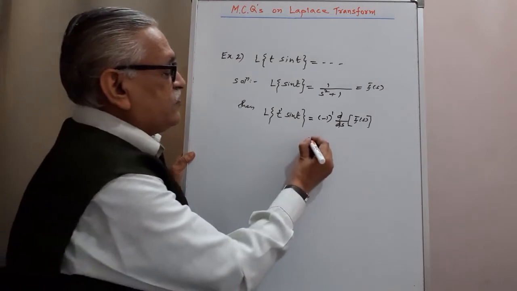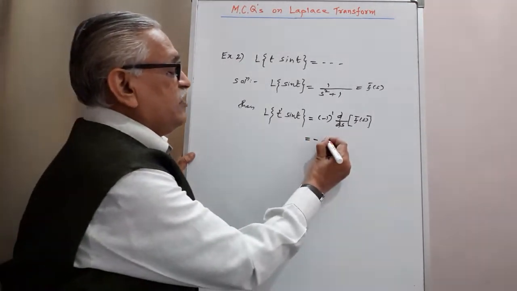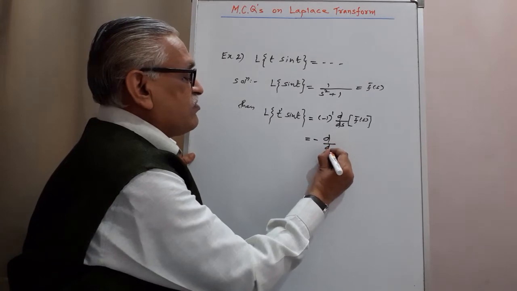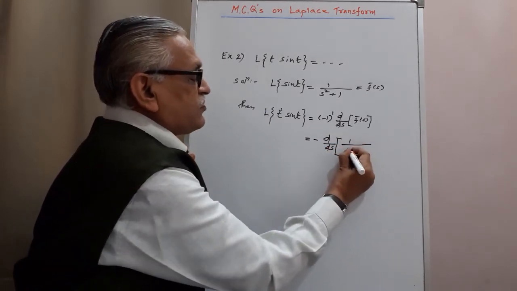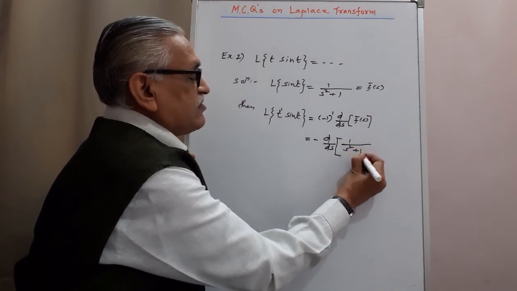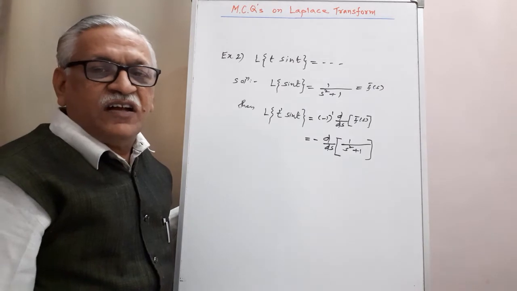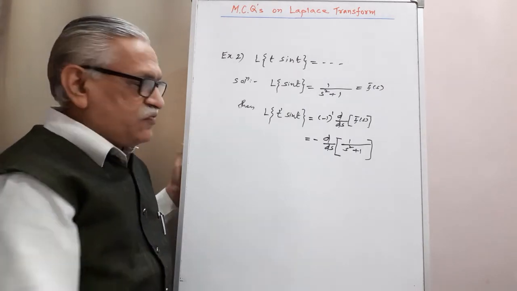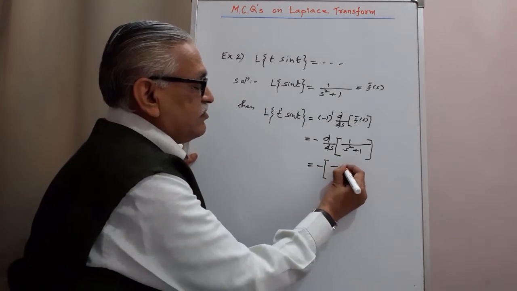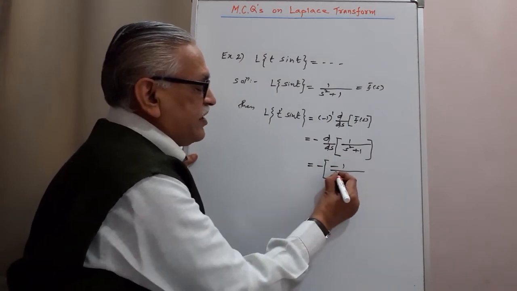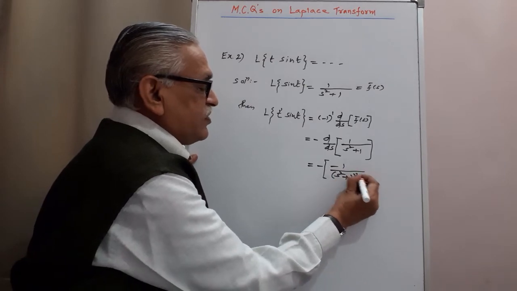power n is here 1, therefore minus 1 raised to 1, d by ds of f bar of s. Therefore it is equal to minus 1 raised to 1, which is minus 1, d by ds of 1 upon s square plus 1. Differentiating as per the standard result, the derivative of 1 by x is minus 1 by x square, where x means s square plus 1 bracket square.